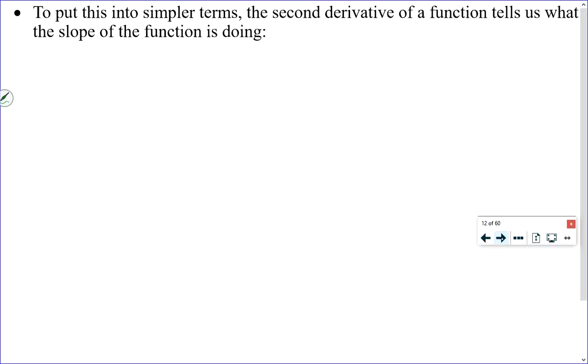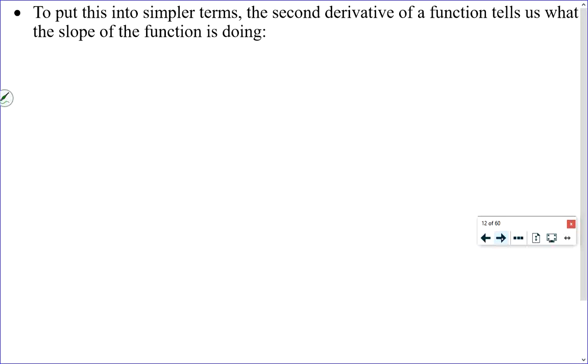In case that didn't come through on audio, what Evan's saying is, since the first derivative is the rate of change of the function, can we say that the second derivative is the rate of change of the rate of change of the function? Yes, definitely. As it pertains to the shape of the graph, I can't wrap my head around that. But it is true, definitely.